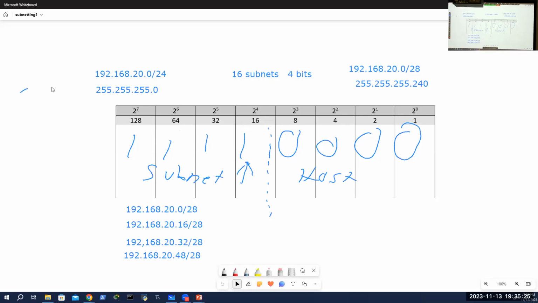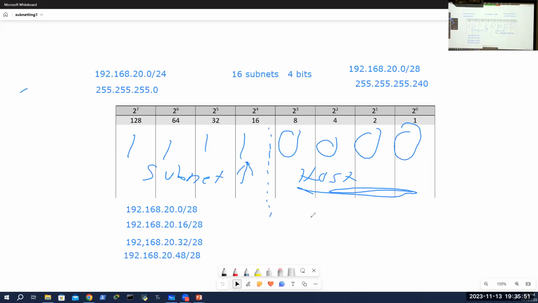Another way to look at the increments would be how many hosts per subnet do I have? Okay, this is the host field.